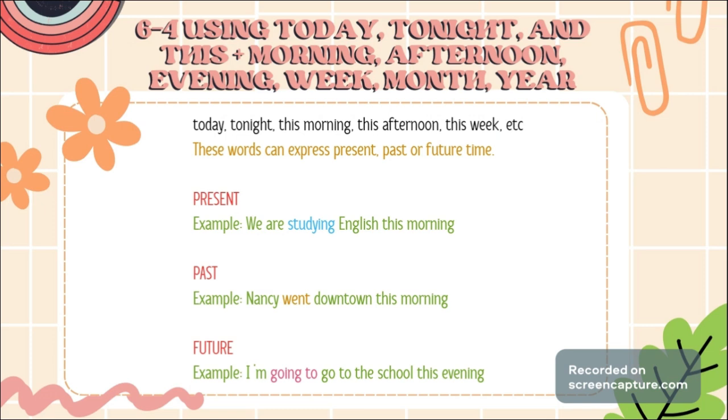And past. Example, Nancy went downtown this morning. The verb used for past is went, the verb third form of go. It indicates that the event has happened. And for future we have, I am going to go to school this evening. The going to indicates that the event is a future plan.